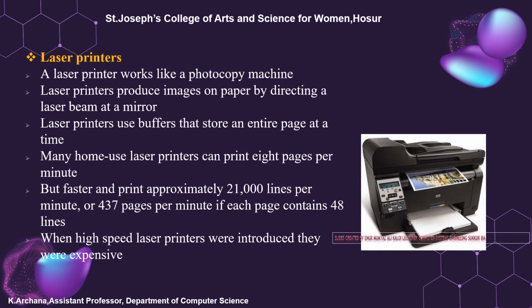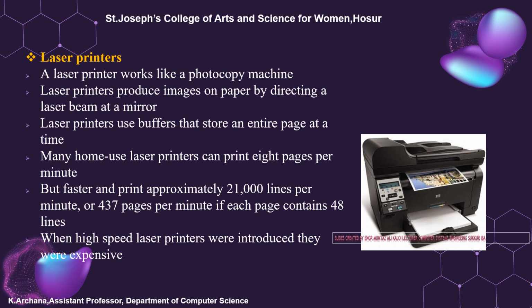Next one is the laser printer. A laser printer works like a photocopy machine. Laser printers produce images on paper by directing a laser beam at a mirror. Laser printers use buffers that store an entire page at a time.